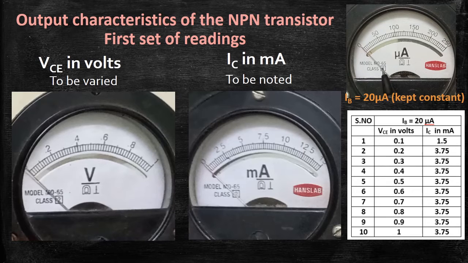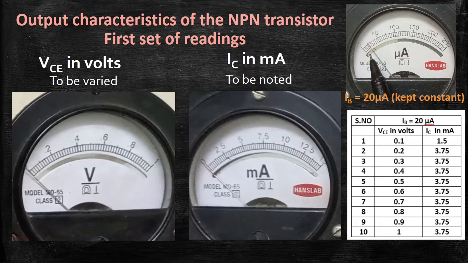I am slowly varying the IB value. It is kept exactly at 20 microampere. The IB value shown in the microammeter is 20 microampere. This must be kept constant throughout the experiment. Are you clear? When VCE is varied and IC is noted, the IB value should be kept constant.